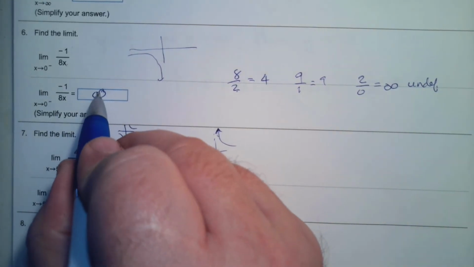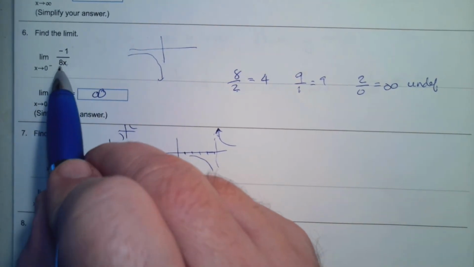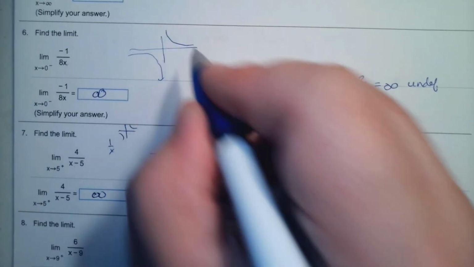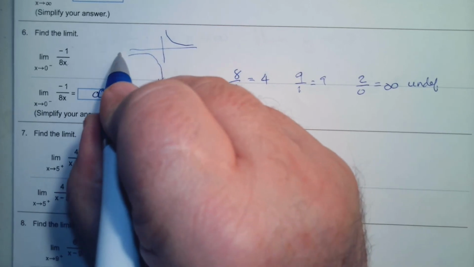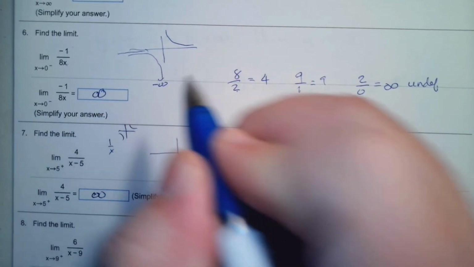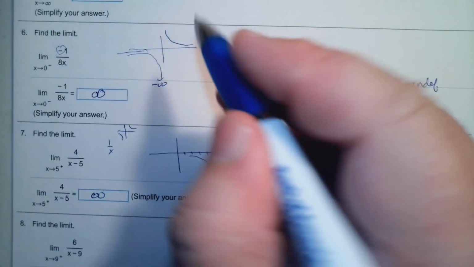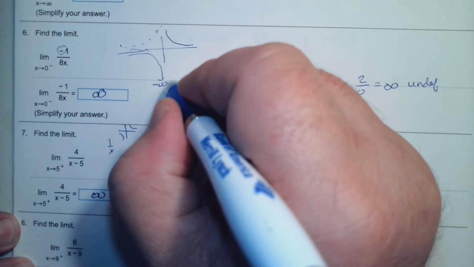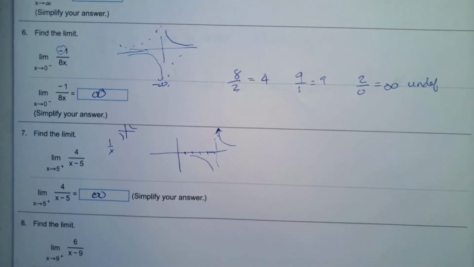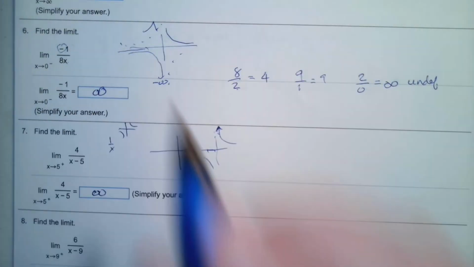Now, you may ask why this one is infinity, when the graph looks like this. If we're coming from the left, shouldn't it be negative infinity? Yes, but the numerator is negative. So in essence, this graph is flipped. So as we're coming here, we're going up.